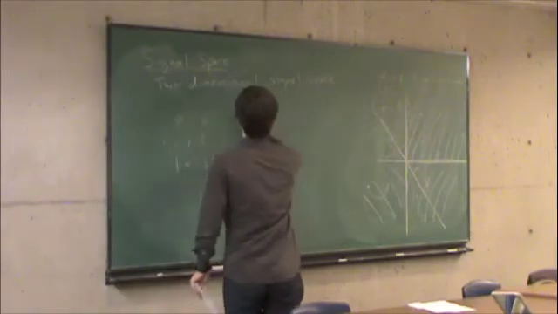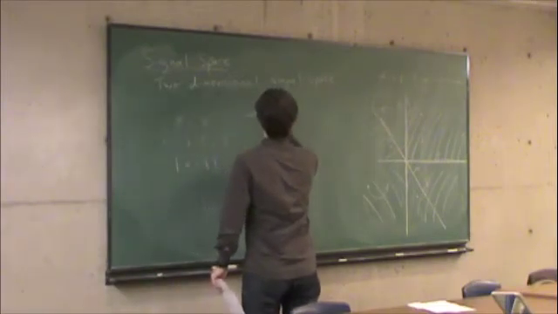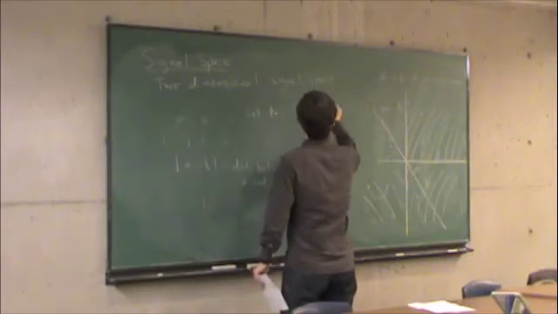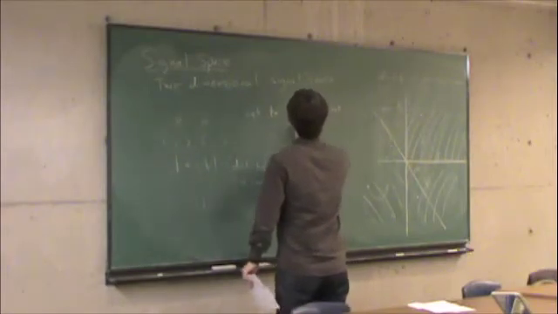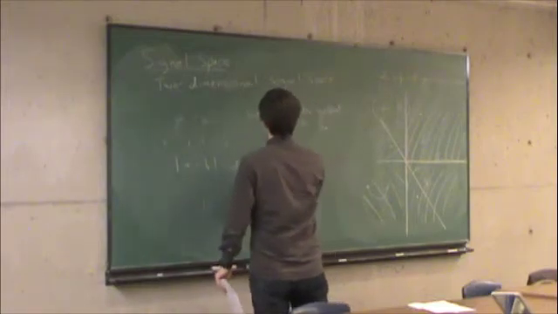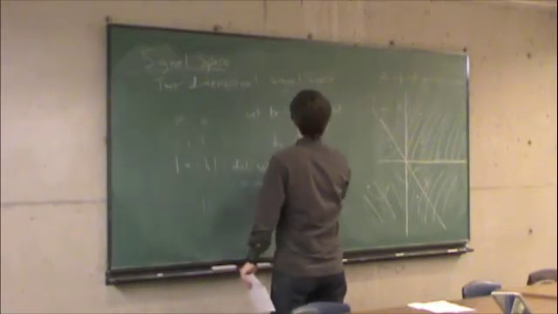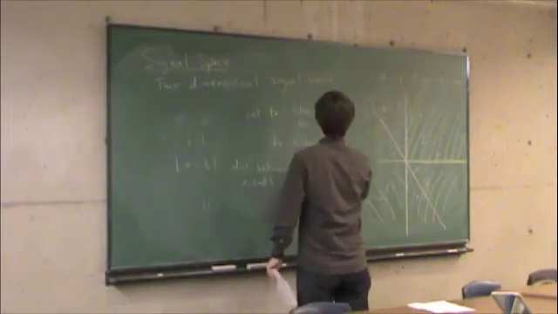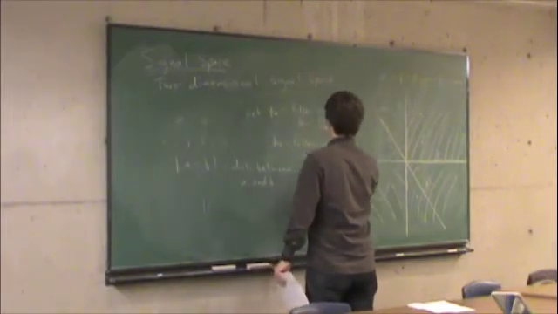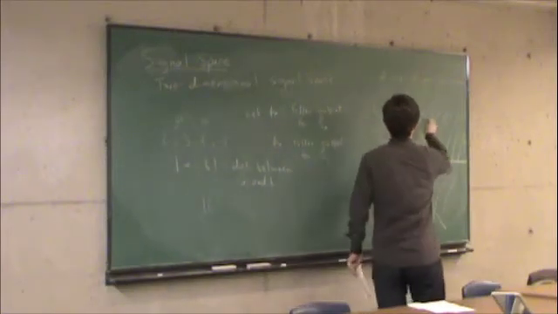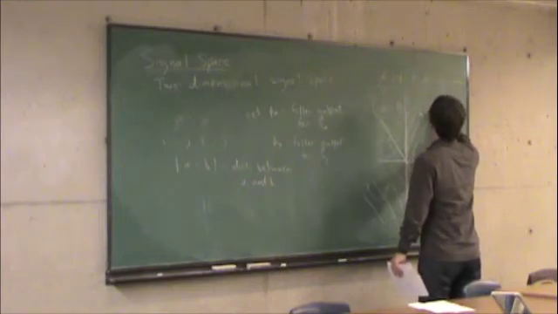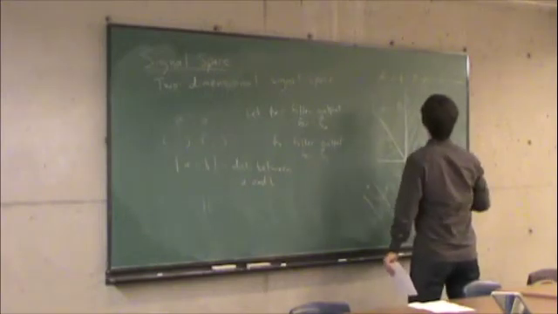let phi x be the filter output in the sx direction, and phi y be the filter output in the sy direction. So in other words, one point would, for example, be phi x, phi y.